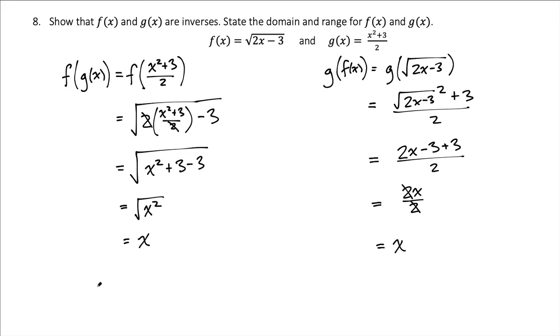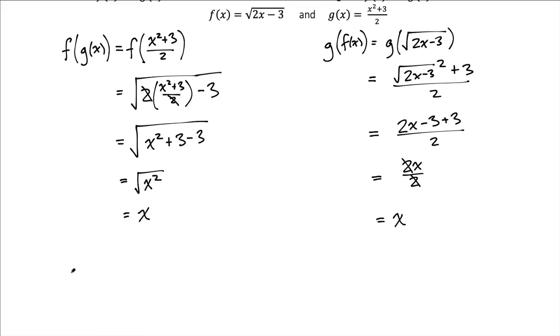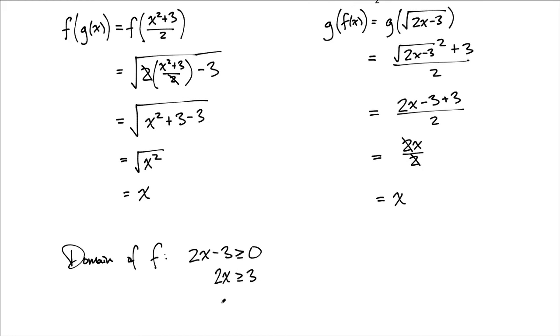The domain of f. Well, the thing underneath the square root, 2x minus 3, has to be greater than or equal to 0. Now we add 3 to both sides: 2x has to be greater than or equal to 3. And then divide both sides by 2 and get x has to be greater than or equal to 3 halves.